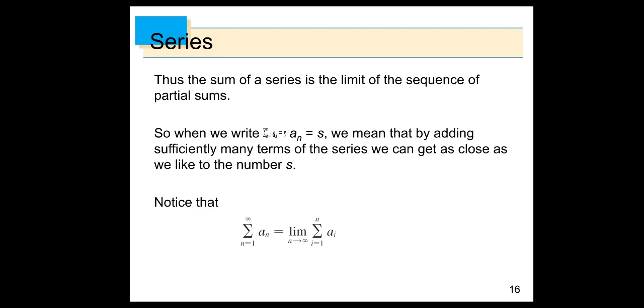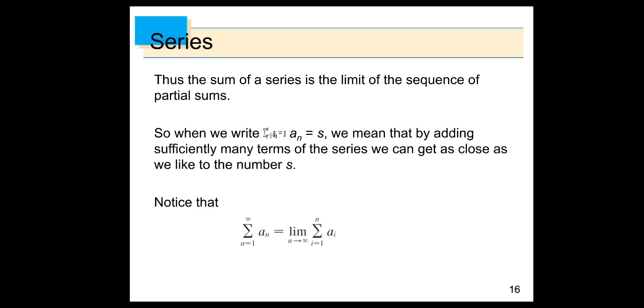So when we write sigma an, where n is equal to 1 and goes to infinity, is equal to S, we mean that by adding sufficiently many terms of the series, we can get as close as we like to the number S. Similarly, we can get close to our S if this limit exists and n goes to infinity.